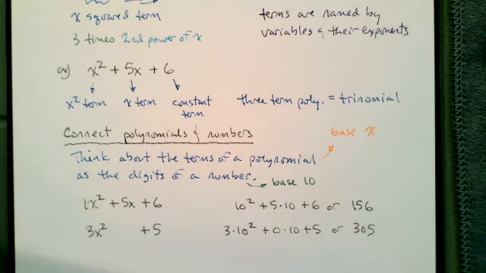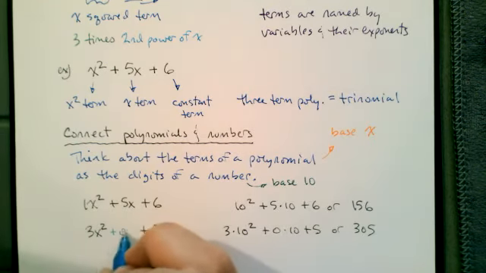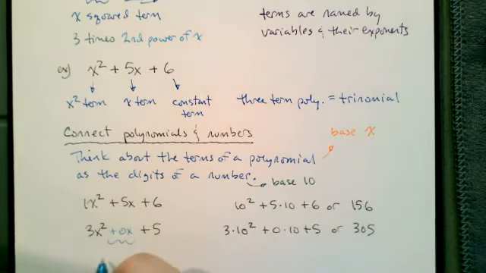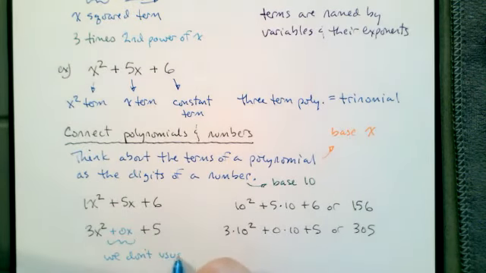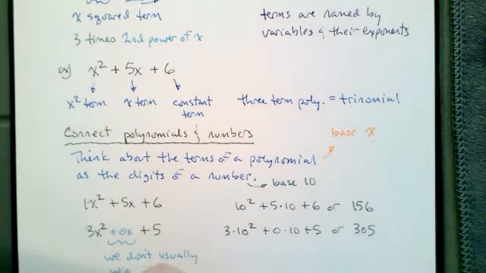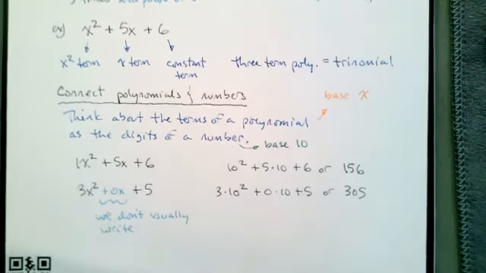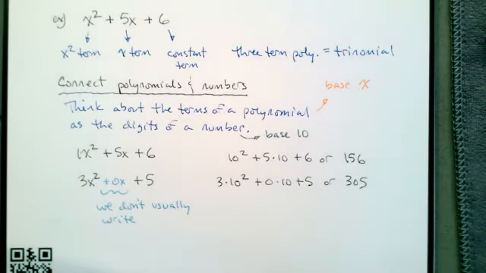So 3x squared plus 5 has no x term, so that's like a 0x that we don't normally write. We don't usually write a term if the coefficient is 0.